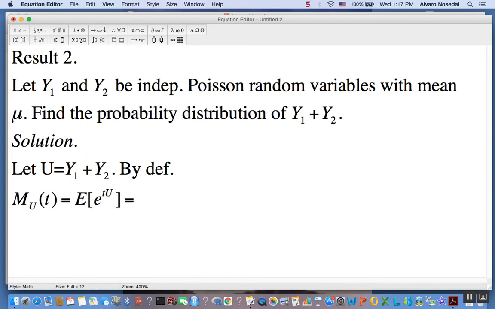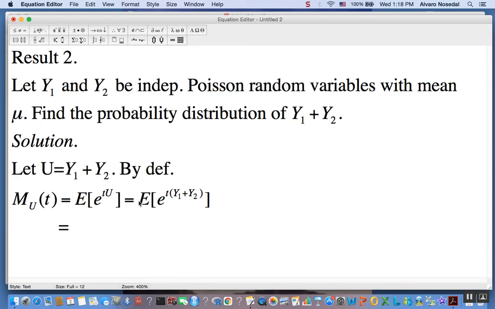Okay? So now, by the way, we defined u as the same as y1 plus y2, right? Okay, there we are.